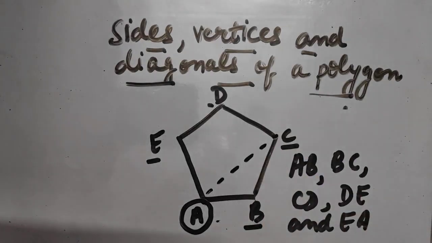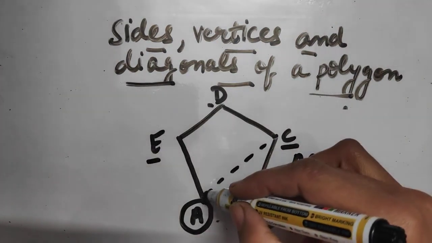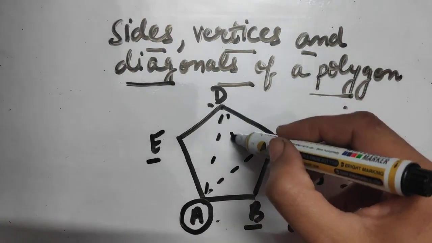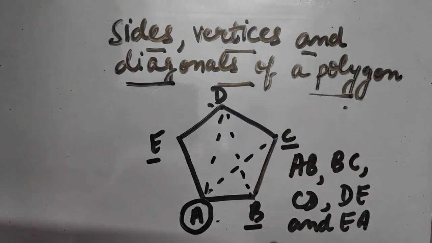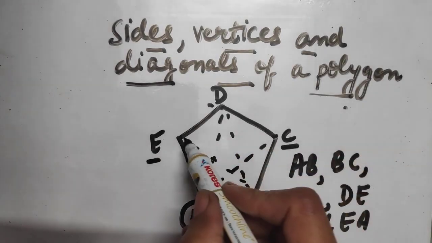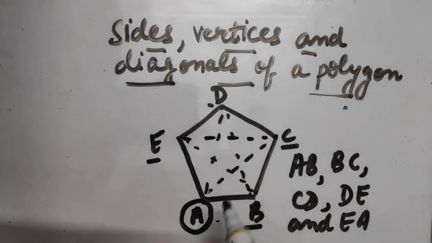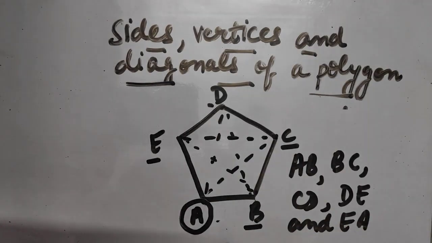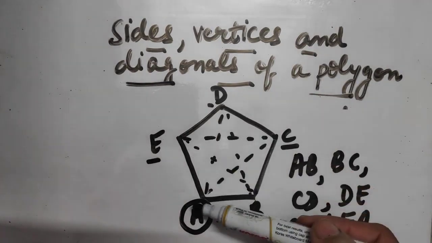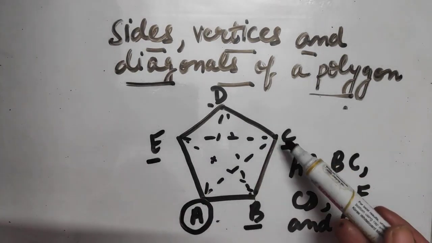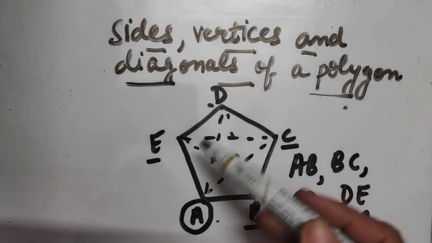So AC, AD, BD, BE, and CE. These are all the line segments formed by joining non-adjacent vertices. So AD, AC, BD, BE, and CE are all the diagonals of the polygon.